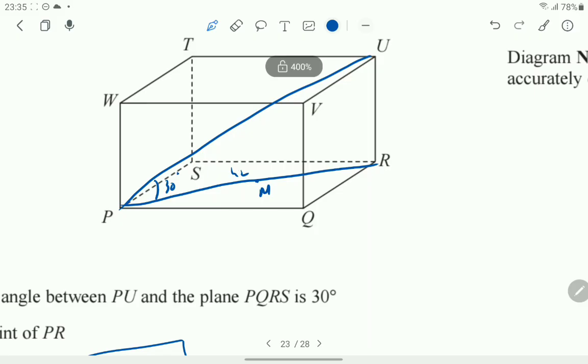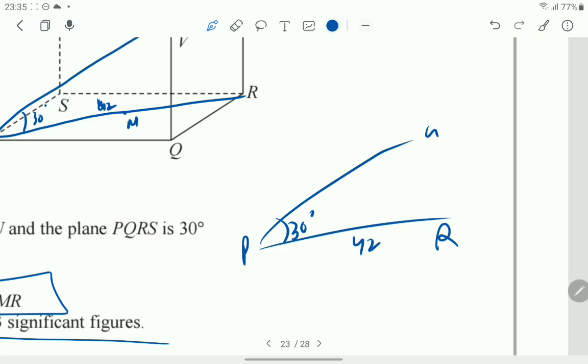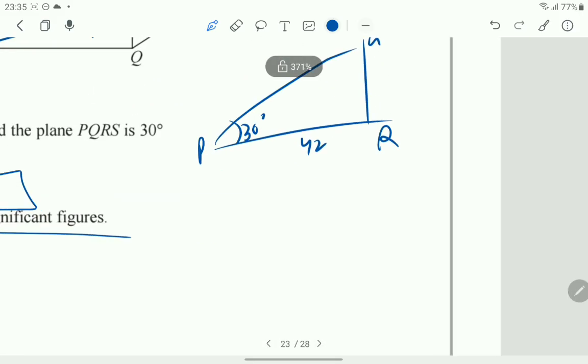Now using the data we have, we know that we have a triangle which is PR. This is 30 degrees and we know this side is 42. UR is missing, so UR could be tan 30.